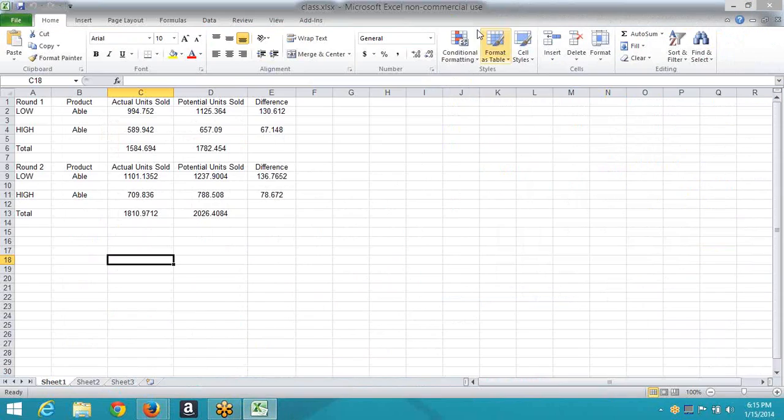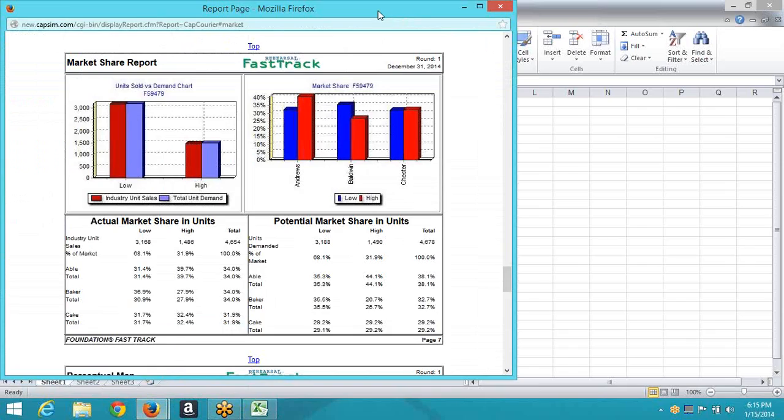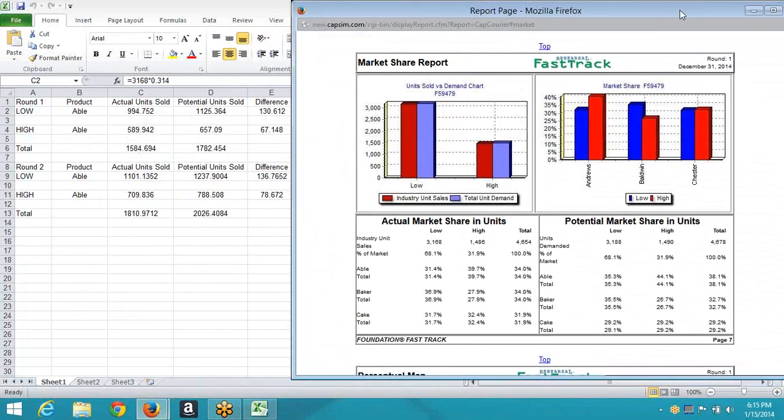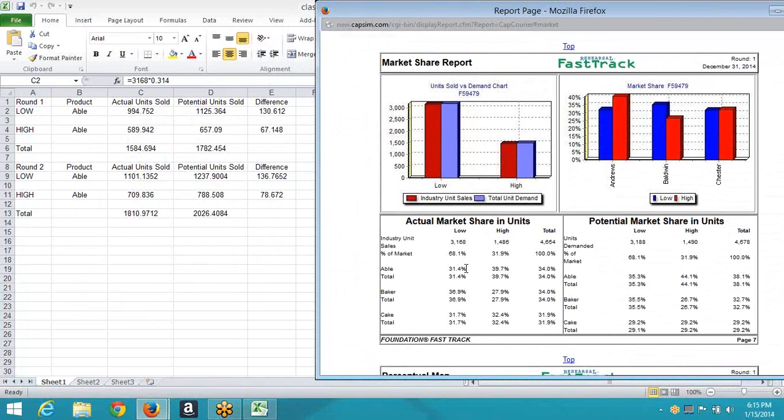If I go into an Excel sheet, I can set up my round 1, put my product, my actual, and set up an actual unit sold. For low-tech, I sold 31% of 3,168, so I do 3,168 times 0.314, and I get the actual amount that I sold.